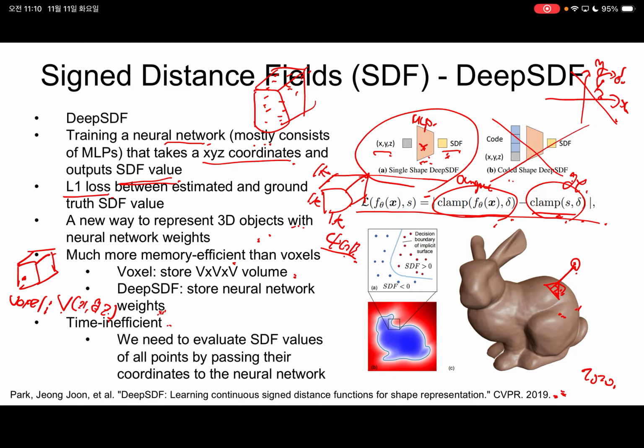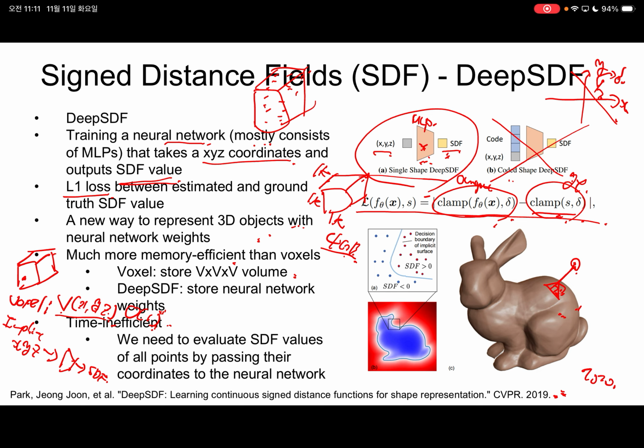This is just O(1). But in the implicit case, we loaded the weights of the neural network, and then we need to pass it x, y, z. Whereas with the voxel, there's nothing to compute, just O(1).